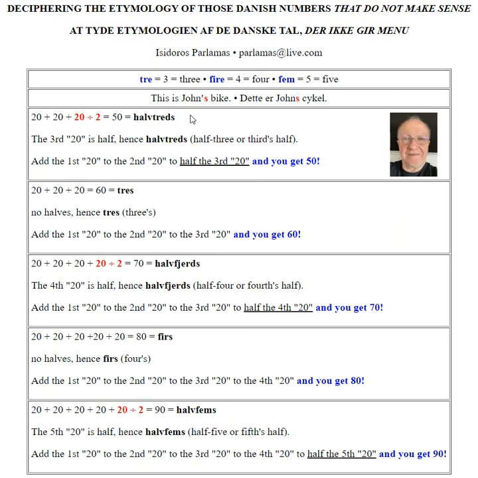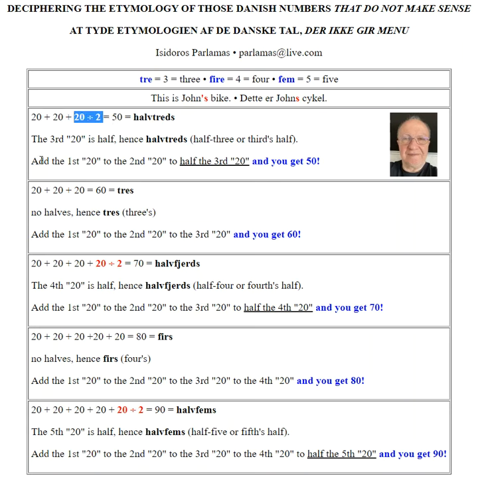So 50 is really half 3, or the third's half. But what does the third refer to? It refers to the third 20. So if you add 20 to another 20 to half 20, you get 50.